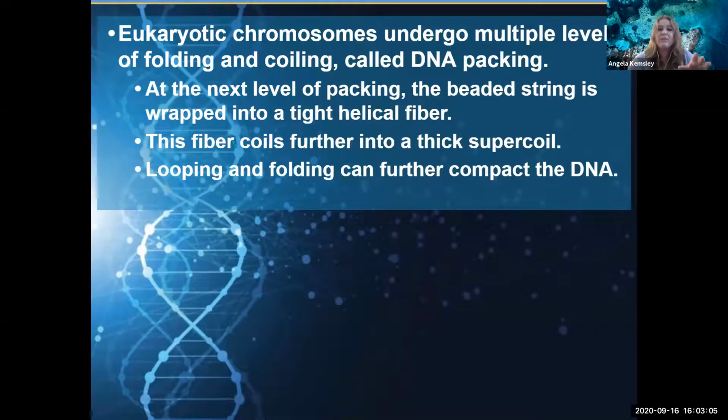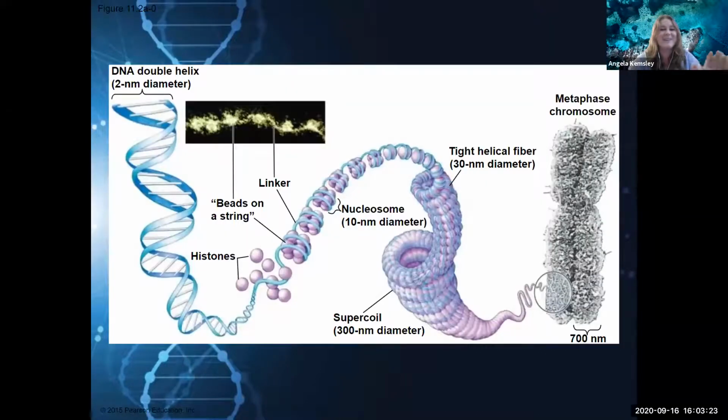Eukaryotic chromosomes can undergo multiple levels of folding and coiling. At the next level of packing, the beaded string is wrapped into a tight helical fiber. This fiber coils further into a thick supercoil, and then looping and folding can further compact the DNA.